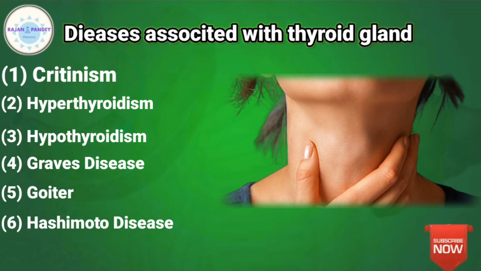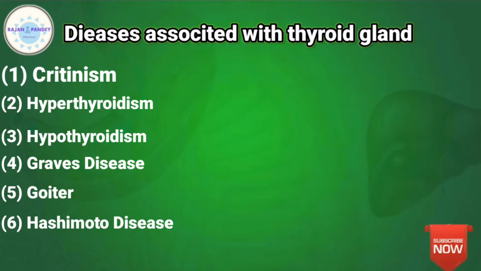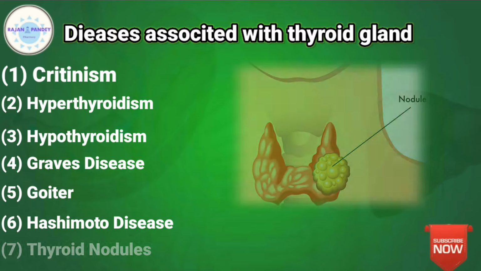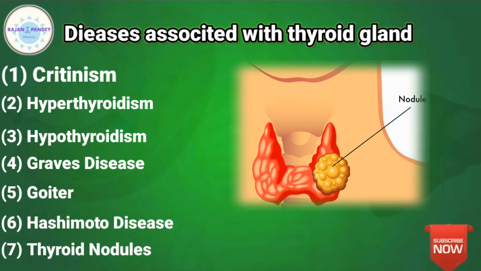It is characterized by the production of antibodies in response to thyroid antigens, also called suicide of the thyroid. The next disorder is thyroid nodules. Formation of lumps inside the thyroid gland is known as thyroid nodules.